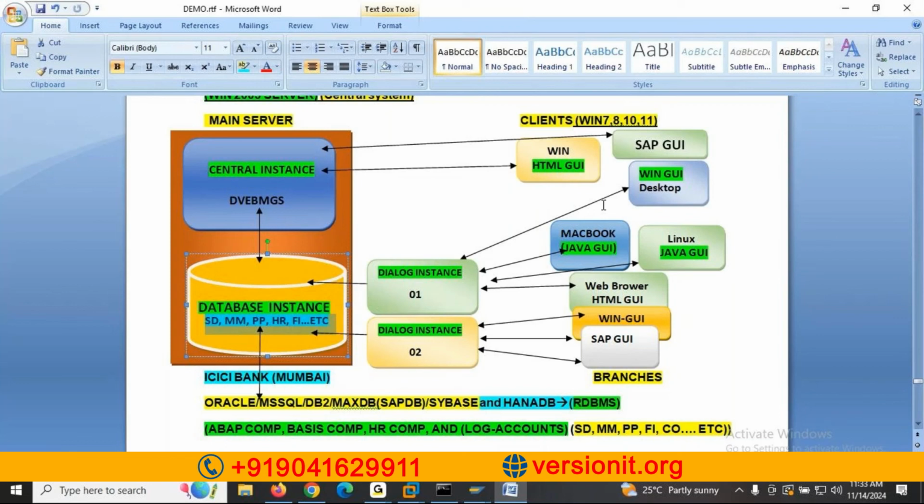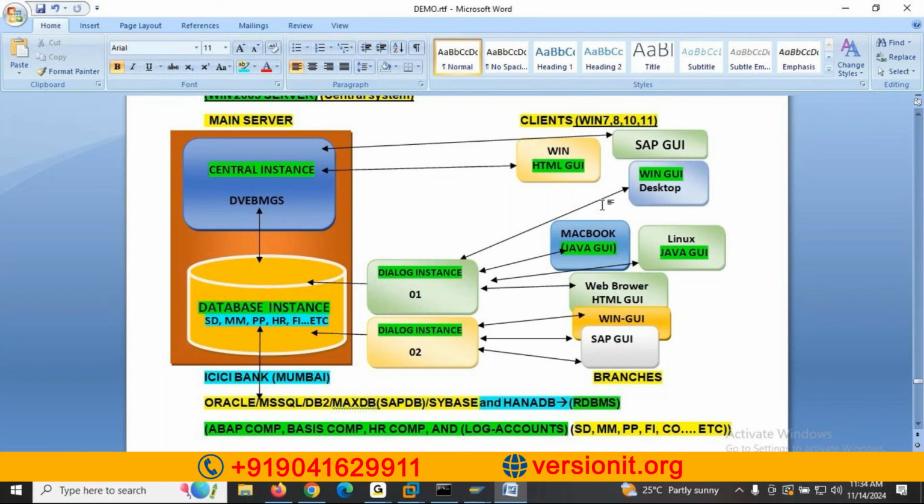It provides a user interface through which any user can interact with any SAP system.